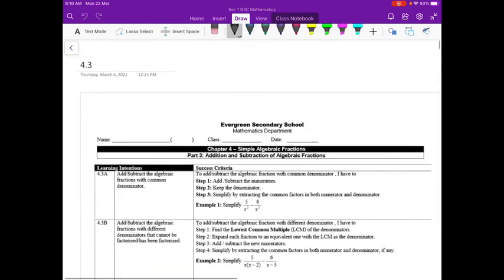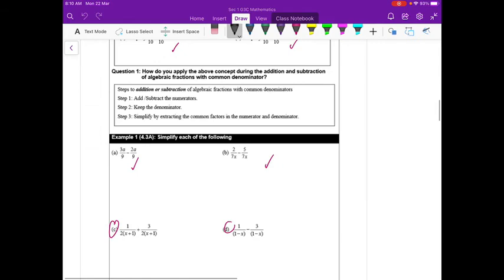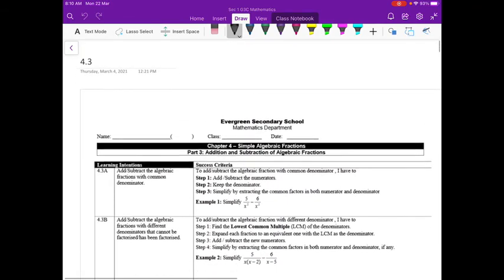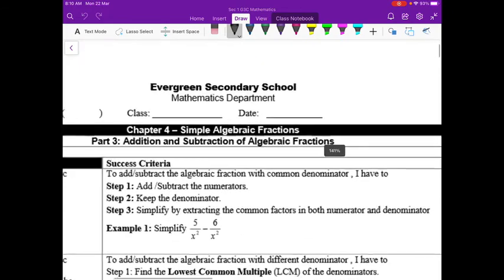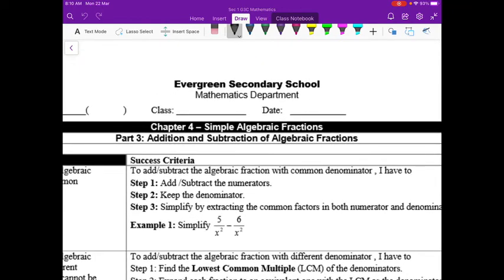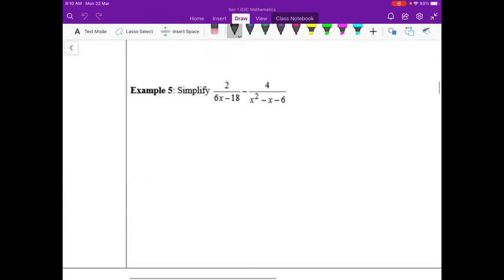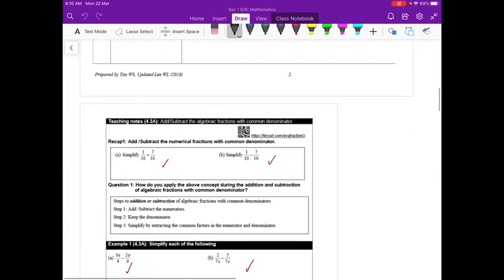And I realized that the video has actually completed most of the questions. Okay, this is the notes on addition and subtraction of algebraic fractions. The concepts used over here are the same as the ones you learned in primary school. Where we add and subtract fractions, we make sure that the denominators are the same first.